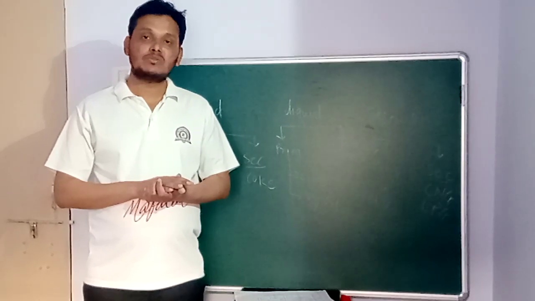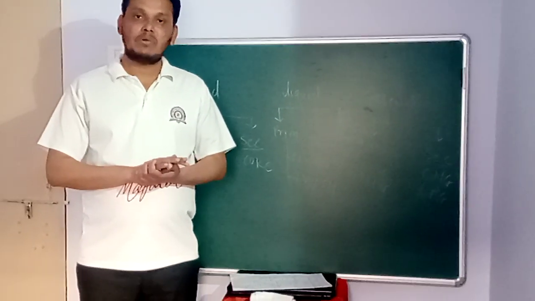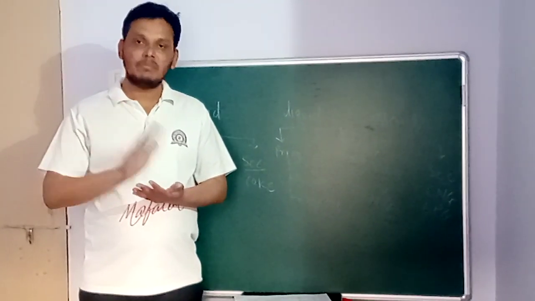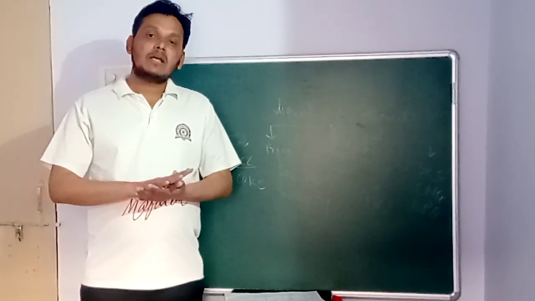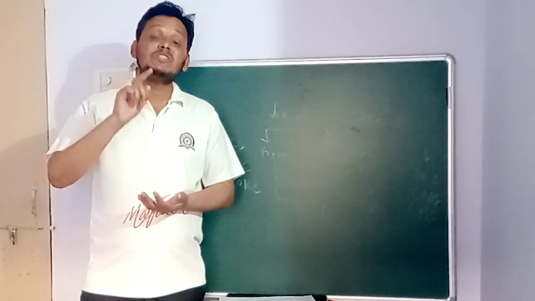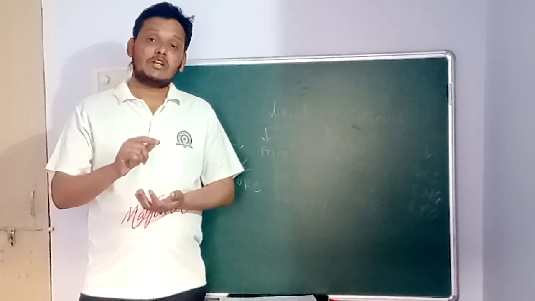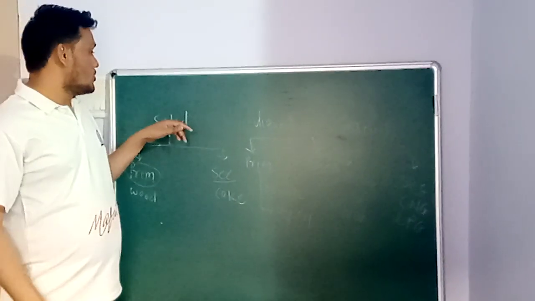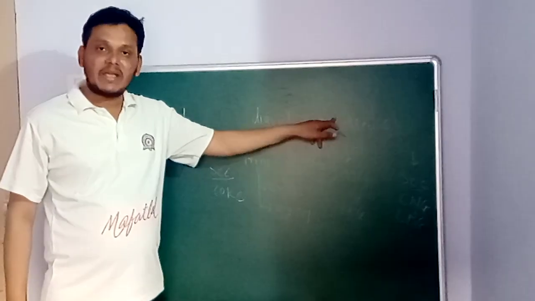Fossil fuel is the well-known example of combustion fuel or chemical fuels. Now these combustion fuels are further subclassified on the basis of their physical state of occurrence, that is solid, liquid, and gaseous fuel.